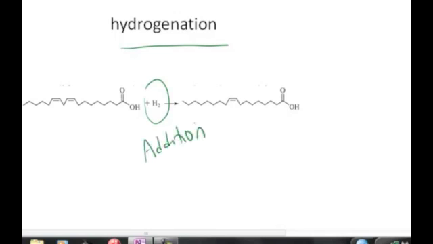When you do that, you just add the hydrogen, and one of the double bonds is removed because the hydrogens are added to that double bond. So the carbons that were unsaturated are now saturated. Okay, and so if you have saturated fatty acids, you increase the melting point, and so what was oil then becomes a solid.